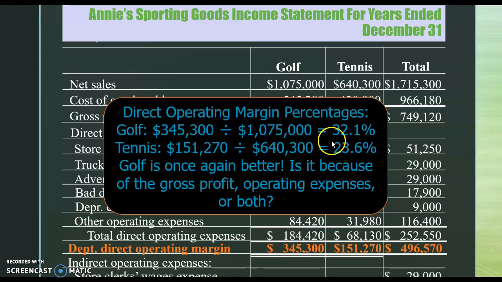Again, golf is better, a higher percentage. And we would have to investigate whether that is because the gross profit was higher, because of the direct operating expenses, or both.